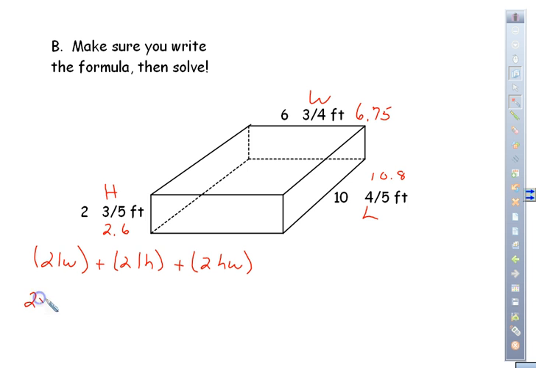So I get 2 times my length, which is 10.8, times my width, which is 6.75, plus 2 times my length, which again is 10.8, times my height, which is 2 6/10, plus 2 times the height, the 2.6, times my width, which is 6.75.